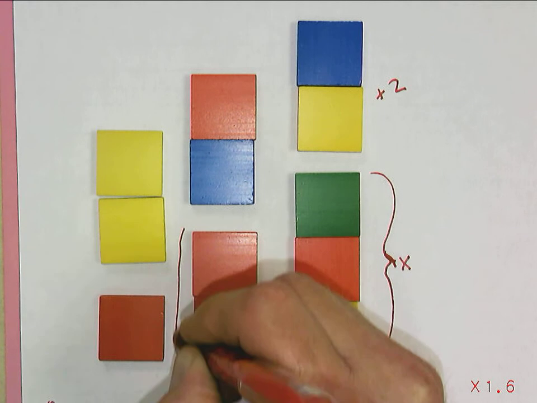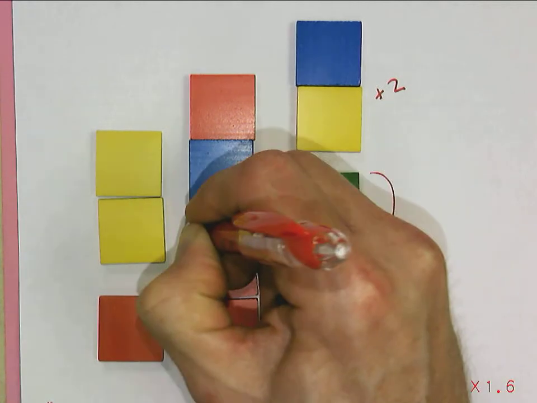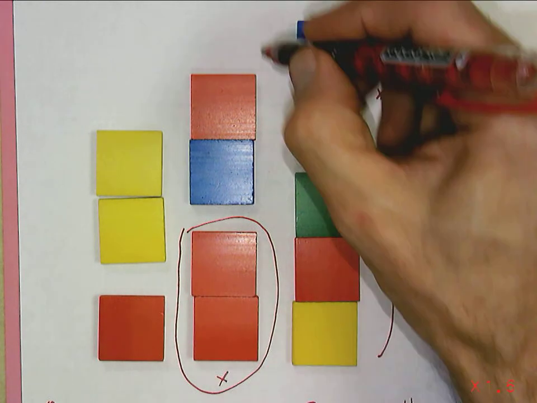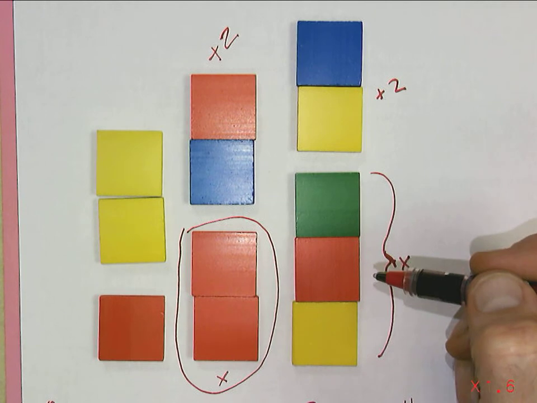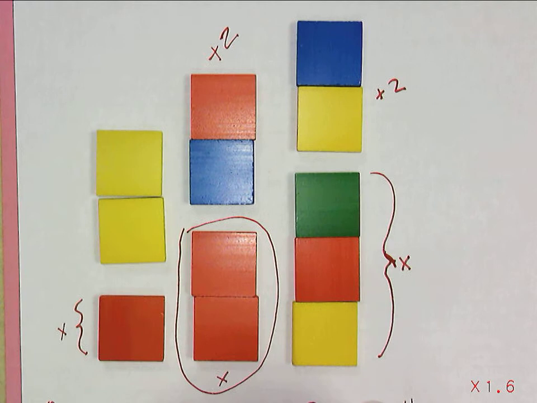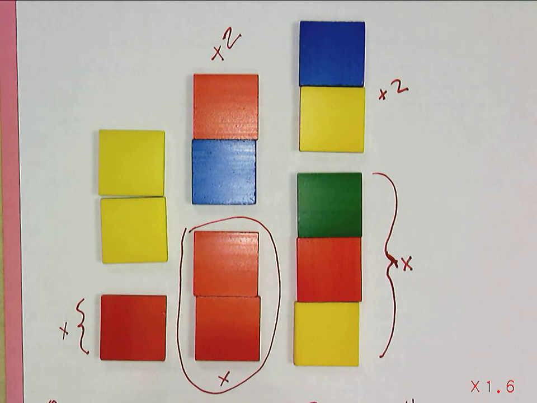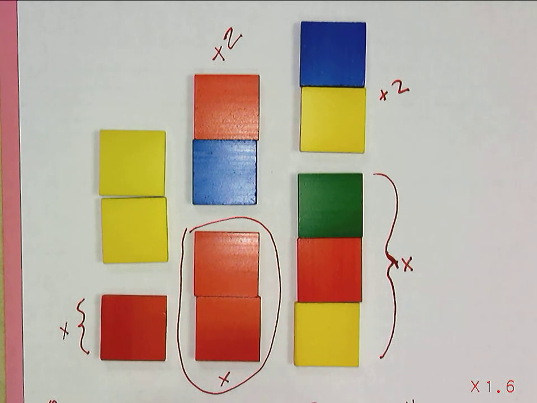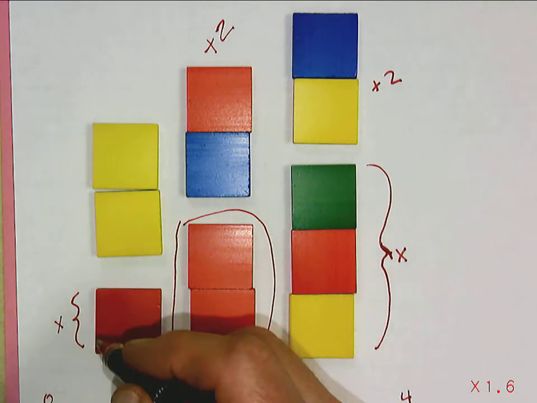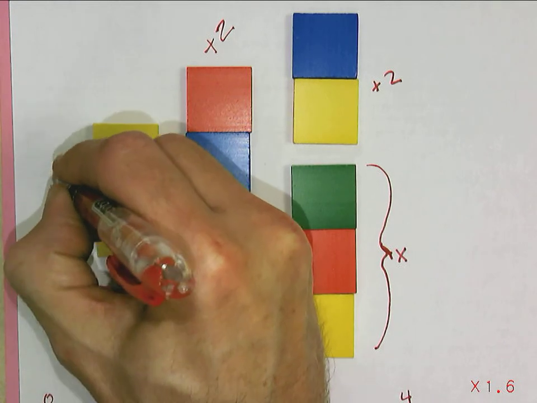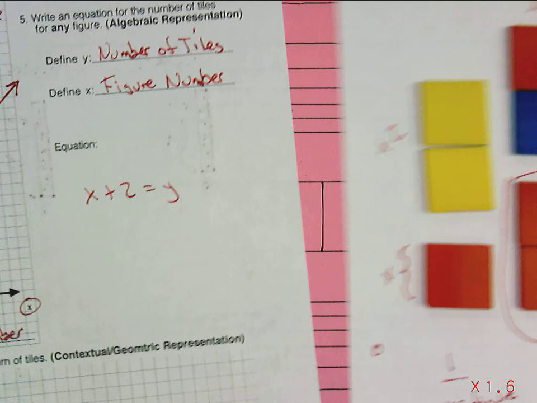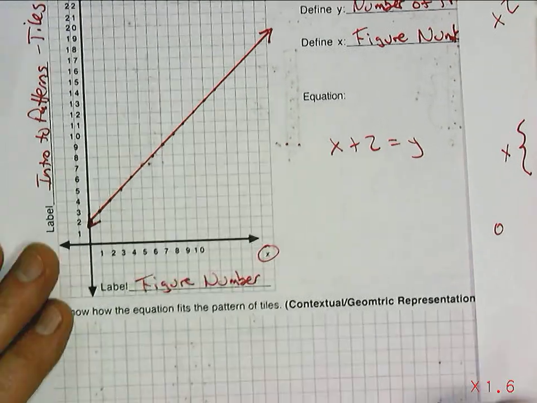This set of tiles right here is equal to x plus 2 up here. And this one right here is equal to x, equal to the figure number. If this is x, x equals the figure number, then I'm taking the figure number plus 2 every time. So the idea of putting this in a contextual representation would be to do what I just did.